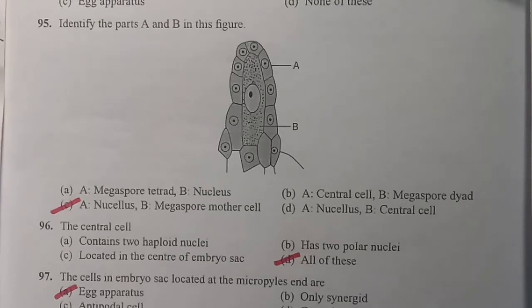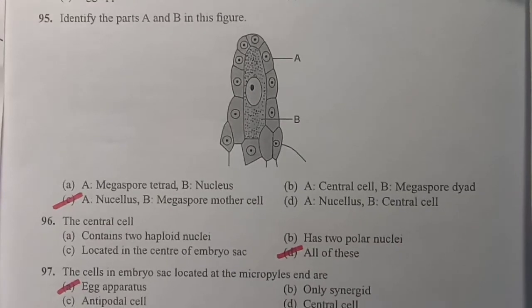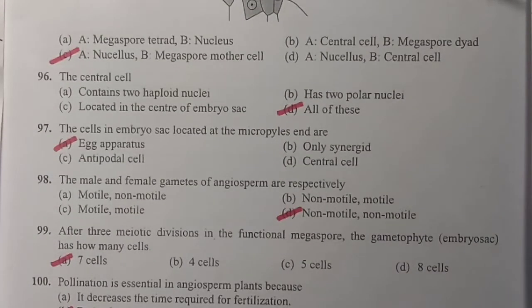Out of the nucellus cells, any one nucellus cell develops into the megaspore mother cell. So the diagram shows that A is the nucellus and B is the megaspore mother cell, which is obtained from a nucellus cell only.